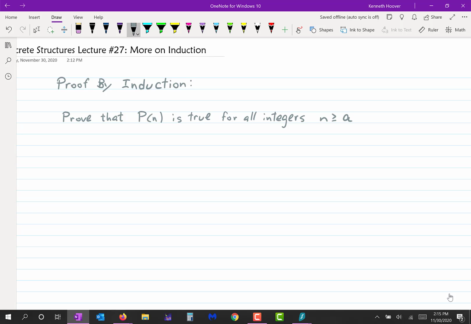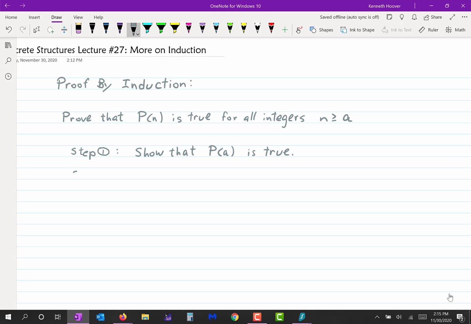Okay, and so step one is prove or show that, whichever words you want to use. I think I used the words show that in the previous lecture. So show that P of A is true.